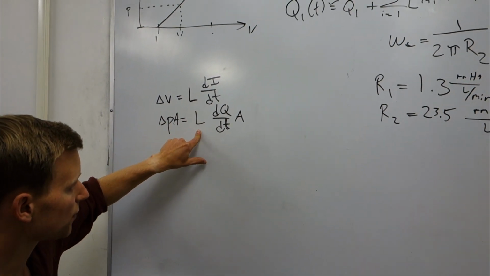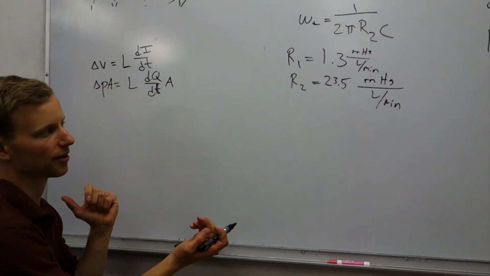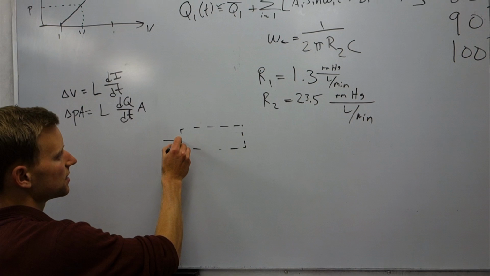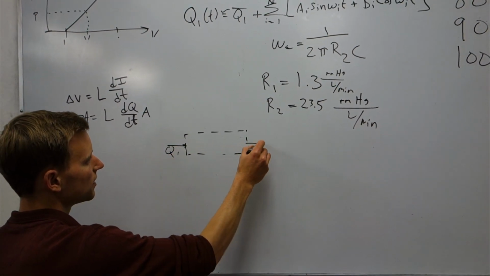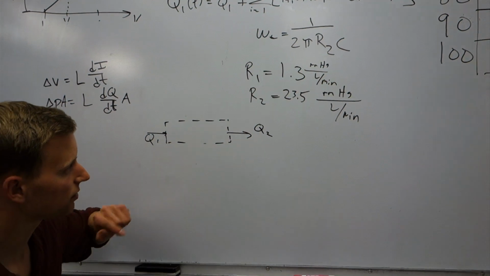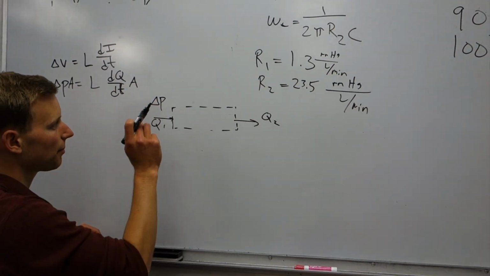Now to get an actual value for what L will be, we can just do a quick momentum balance on a pipe. So let's say we have some arbitrary pipe in our circuit, and it has some flow rate Q1 and some flow rate Q2. Mass balance tells us that Q1 has to equal Q2, and we will allow for a pressure difference to occur across this pipe.